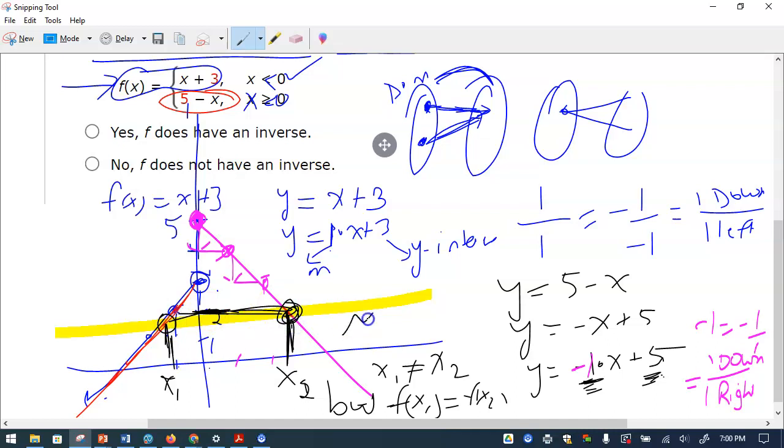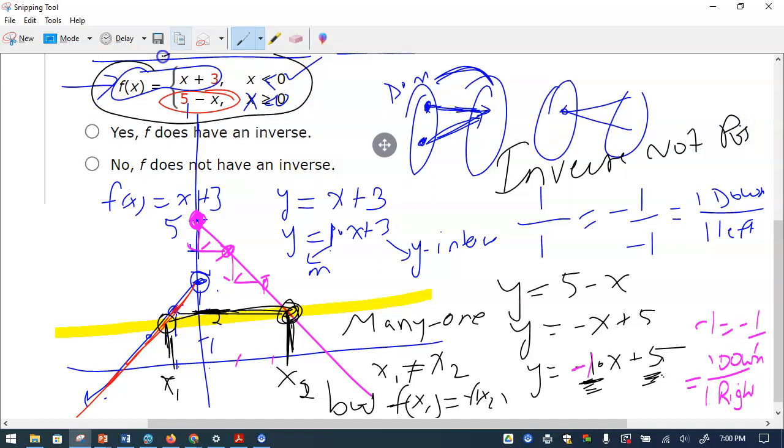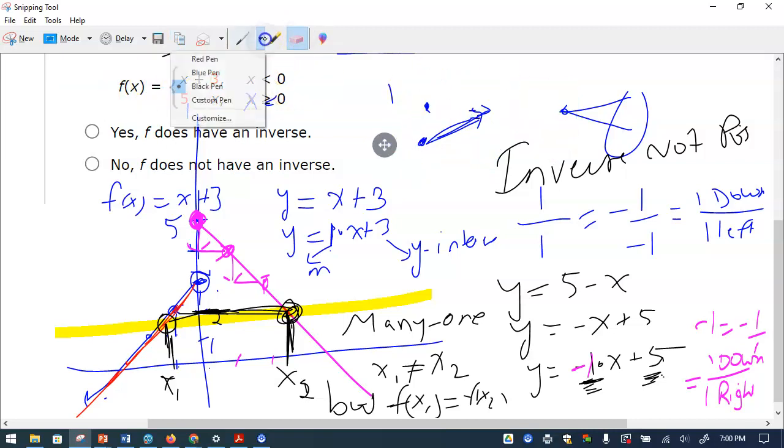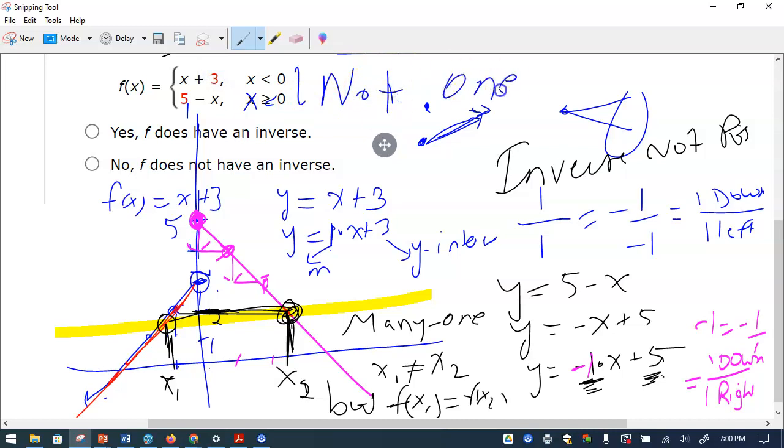So that's many-one. And if a function is many-one, then you cannot have an inverse. So inverse is not possible. You should know why the inverse is not possible, because this is not one-one. So let me clean this and write down: this is not one-one. That's it, you're done.